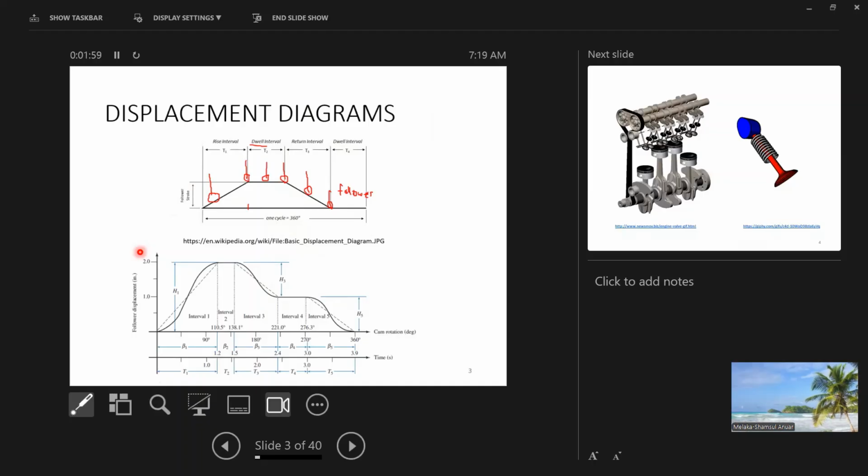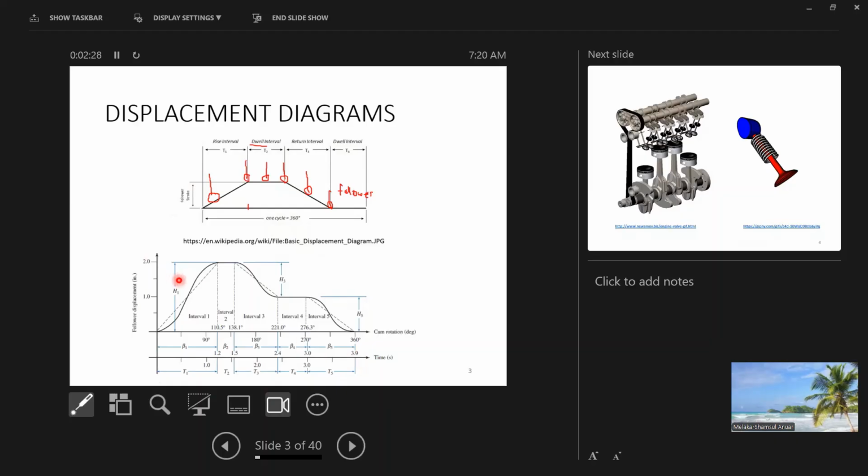All right, so one of the main things when we talk about cams is that we need to know the displacement diagrams. We have to create, or understand, a displacement diagram, because this is the shape that will be followed by the follower.